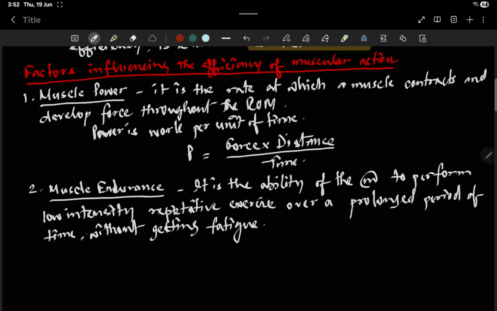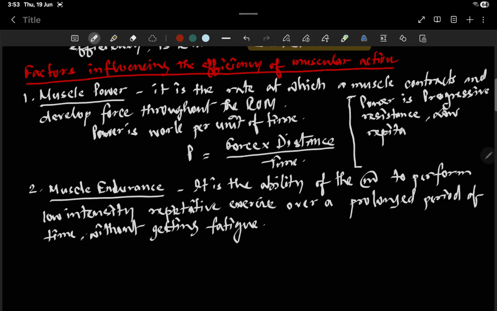One thing here, muscle power is progressive resistance, low repetition exercise.